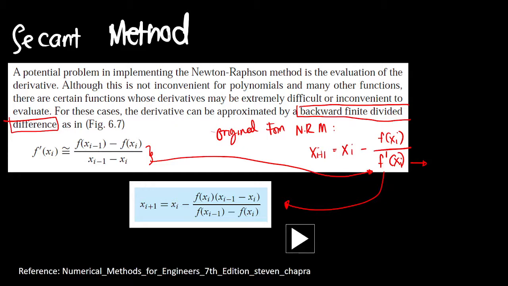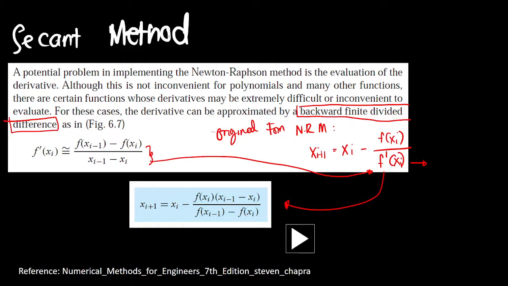But however, notice that in this equation, you have two types of x's here, the x sub i and the x sub i minus 1. So you need two initial guesses again. So, sir, two initial guesses, and that is why it does not belong to the bracketing method.